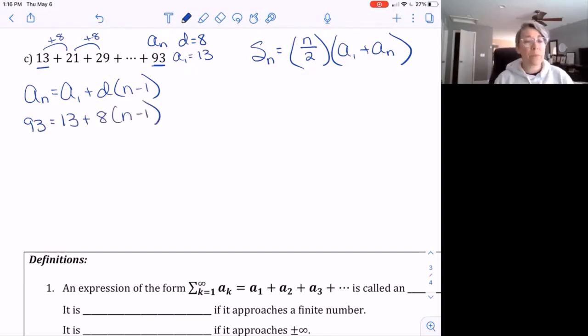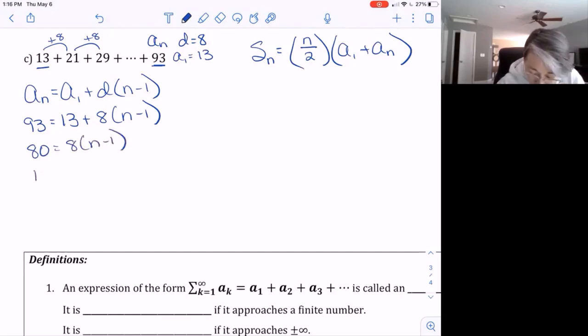Now we're down to one variable, and we can solve. So this would be, if I subtract 13 from both sides, that gives me an 80 equals 8 times n minus 1. I can divide both sides by 8 or distribute n minus 1. So n is actually 11.